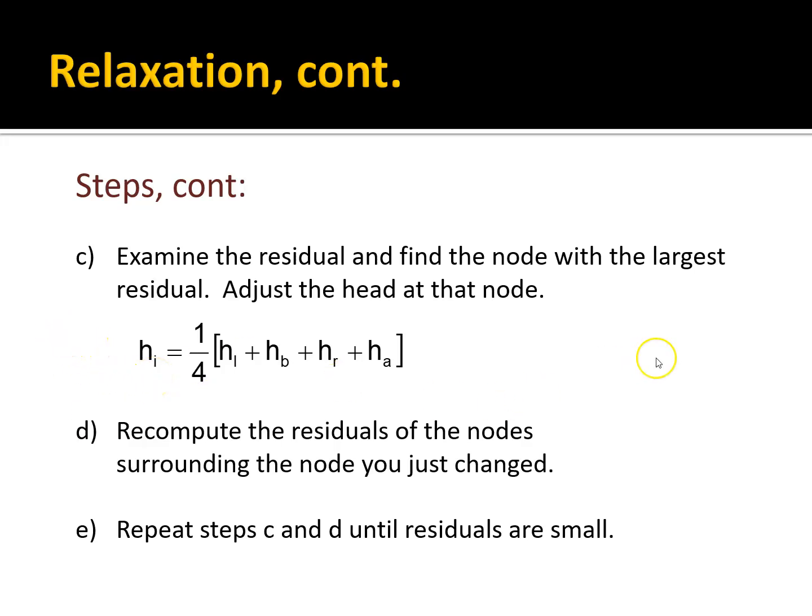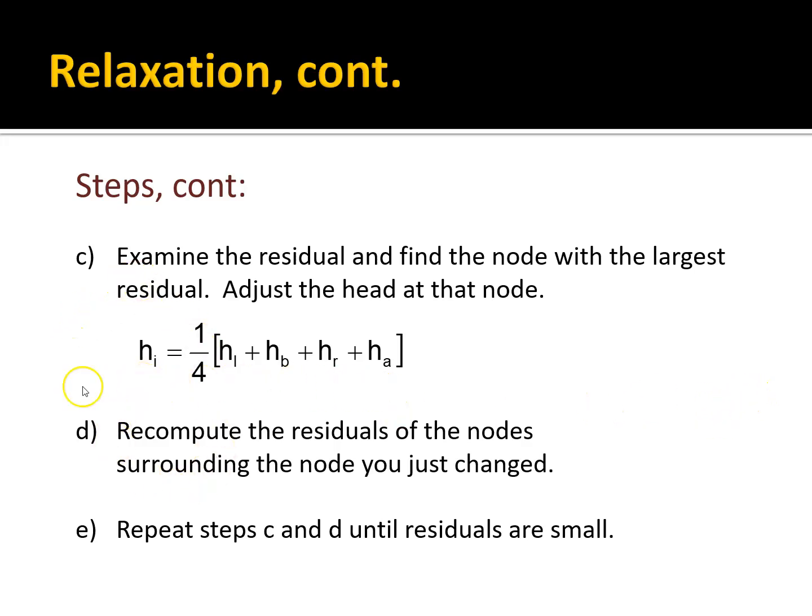So now at node I, the governing equation is satisfied. Then, using that head, we calculate the residuals at all of the other nodes, and then we find the node with the largest residual, and then adjust it again using this.